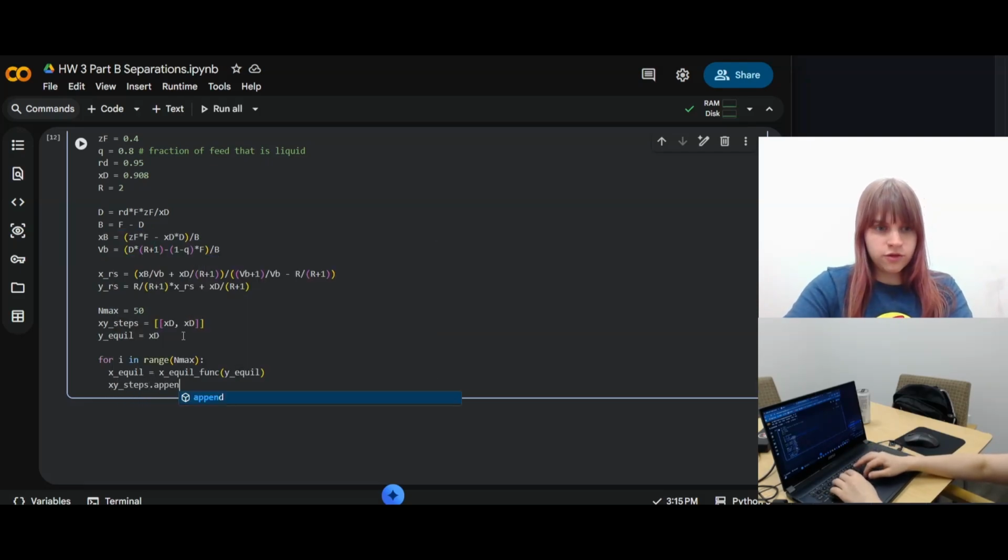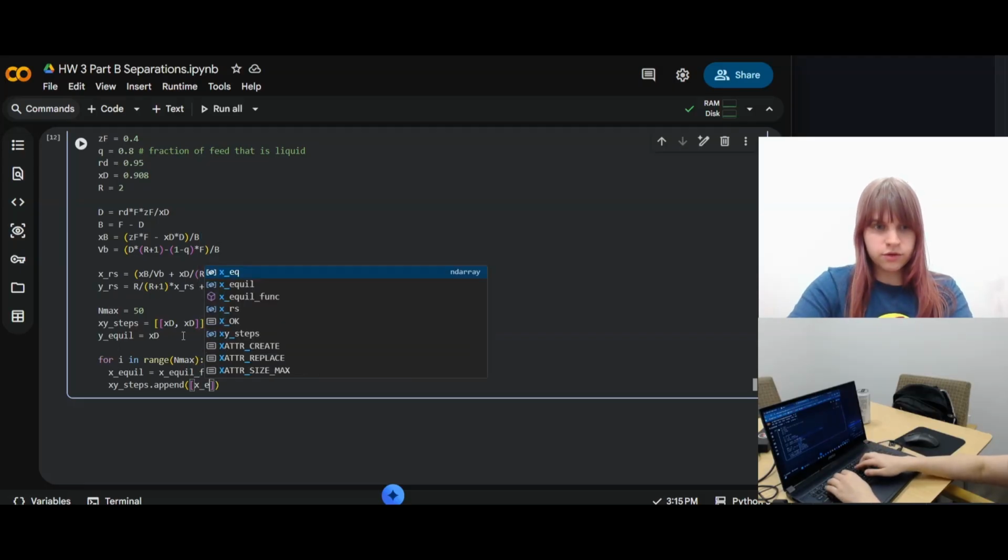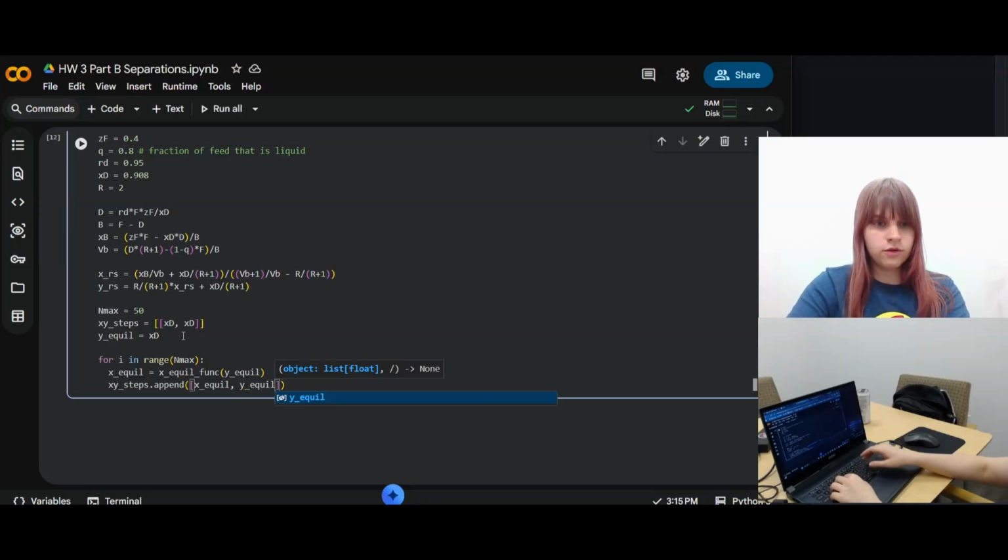And then we want to append those x values and those y values.